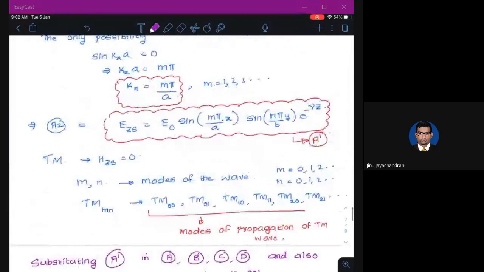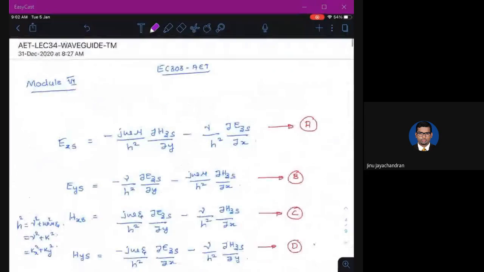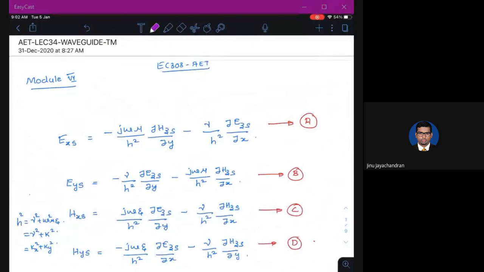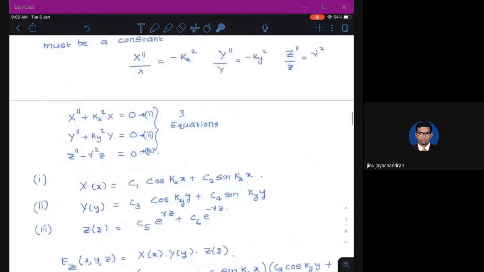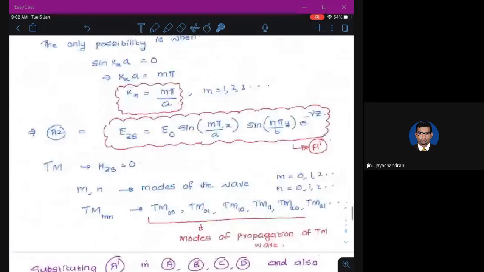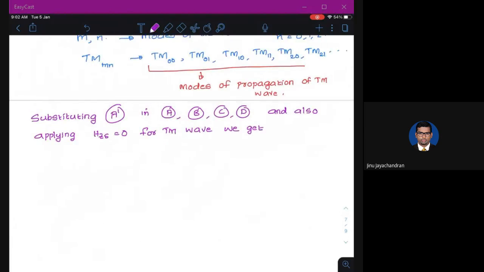So I'm going to substitute EZS in the equation starting in this one. Here I am going to substitute EZS, and I am going to make HZS equal to 0, which is this is 0, this is 0, this is 0, this is 0. I'm just substituting the value of EZS. So if you substitute this value of EZS, you will end up getting, I'm not going to make the derivation at all.